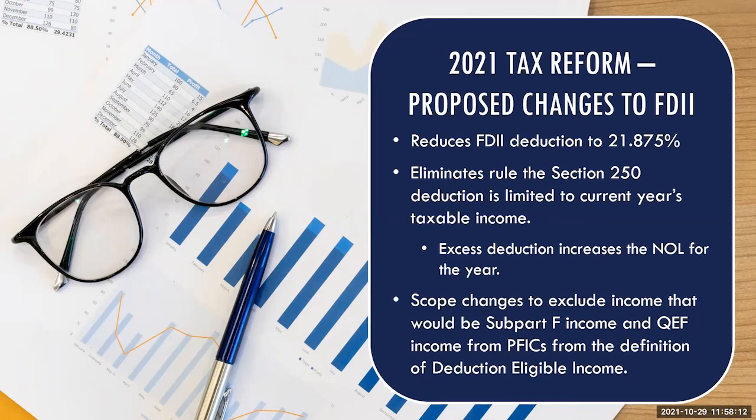But in effect, one of the items that was targeted as a revenue raiser was reducing some of the benefit for FDII. It was accelerating the change in deduction from 37.5% down to 21 7/8 from 2025 to what would effectively be 2021 or 2022. But as more of a benefit to users, or people taking the credit, it also would eliminate the rule that the deduction is limited to current year's taxable income.